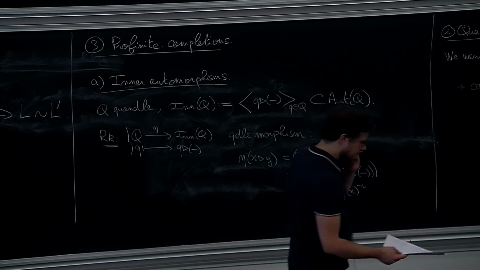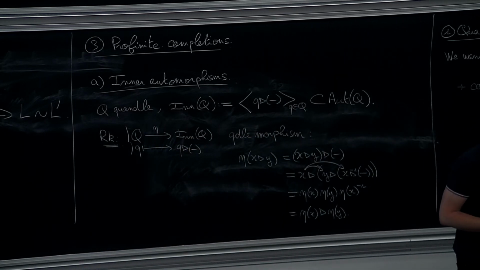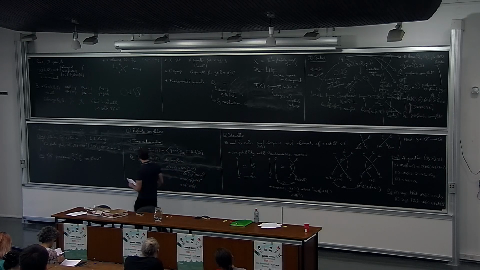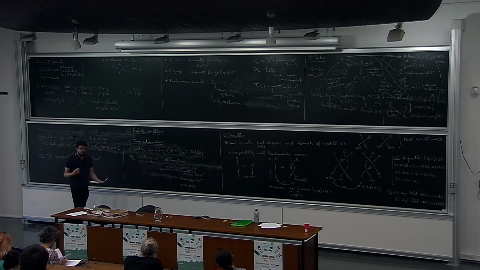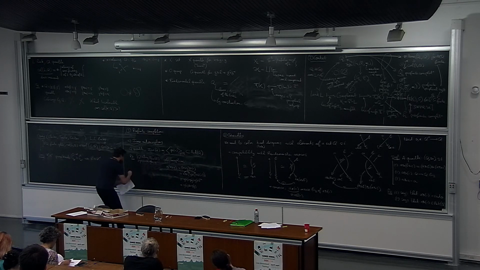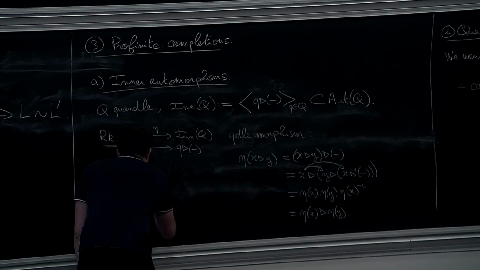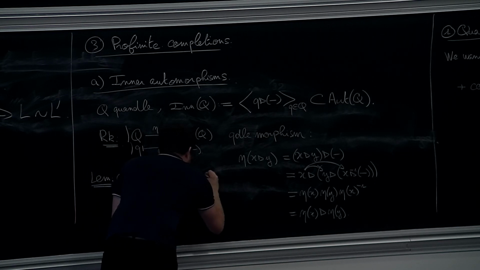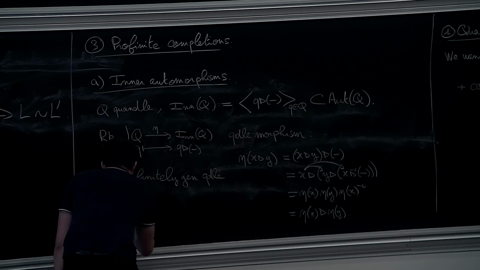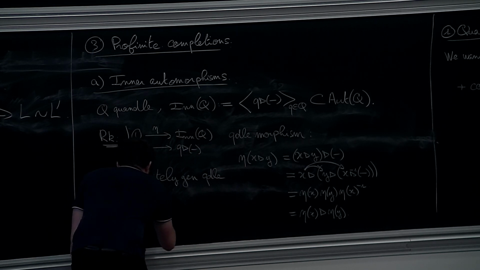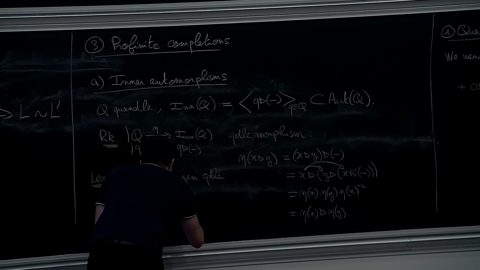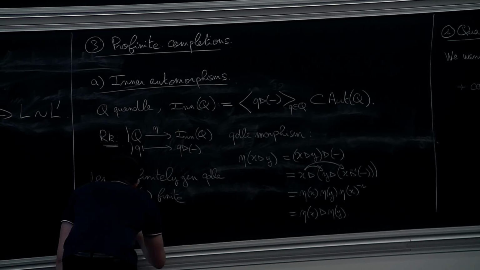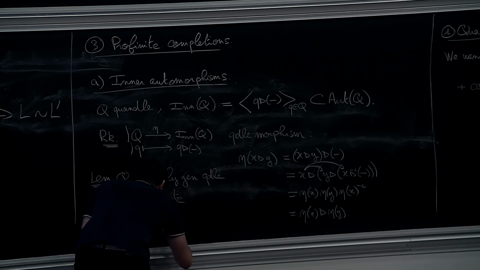Okay, and what I was saying about group theory interacting with quandle theory, I will illustrate it with this lemma. If Q is a finitely generated quandle, and if the inner automorphism group is finite, then Q is finite.